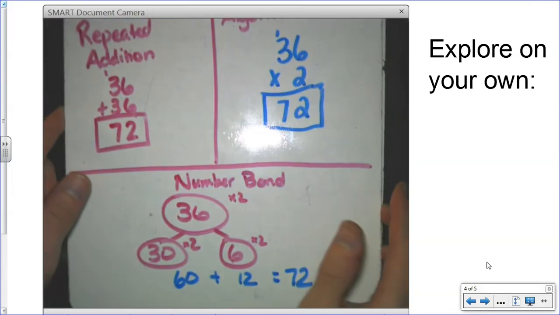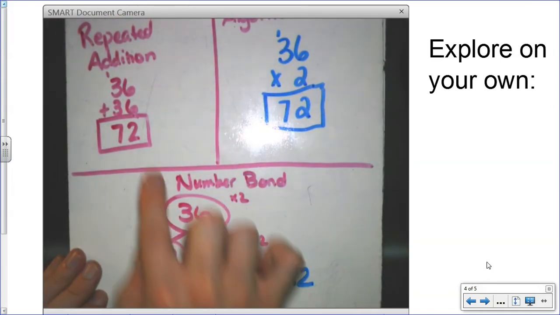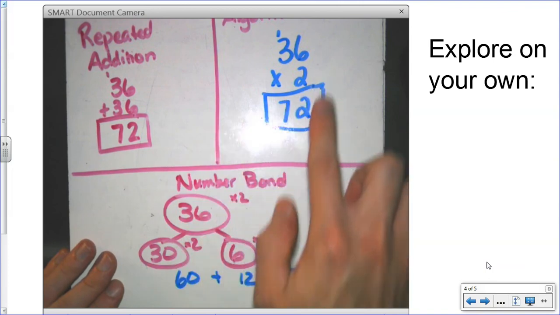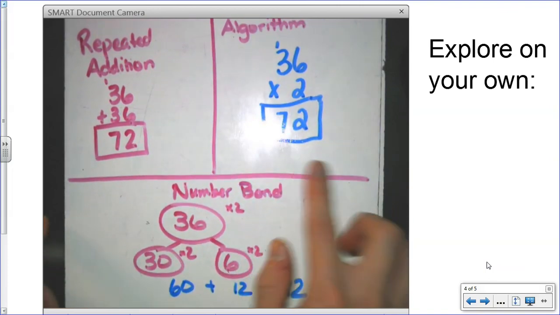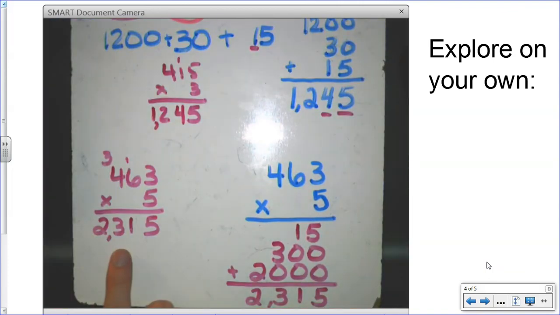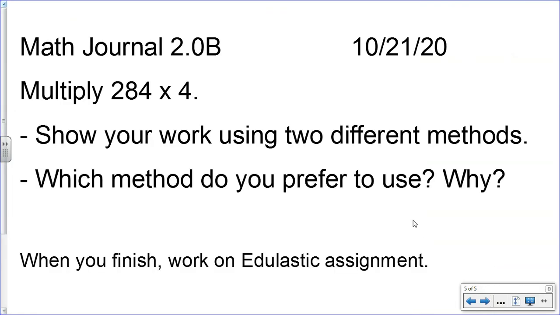We can do the number bond drawing, we can do repeated addition, or we can do the regular traditional algorithm like we showed over here in this work as well. So you're going to do 2 different methods for 284 times 4.